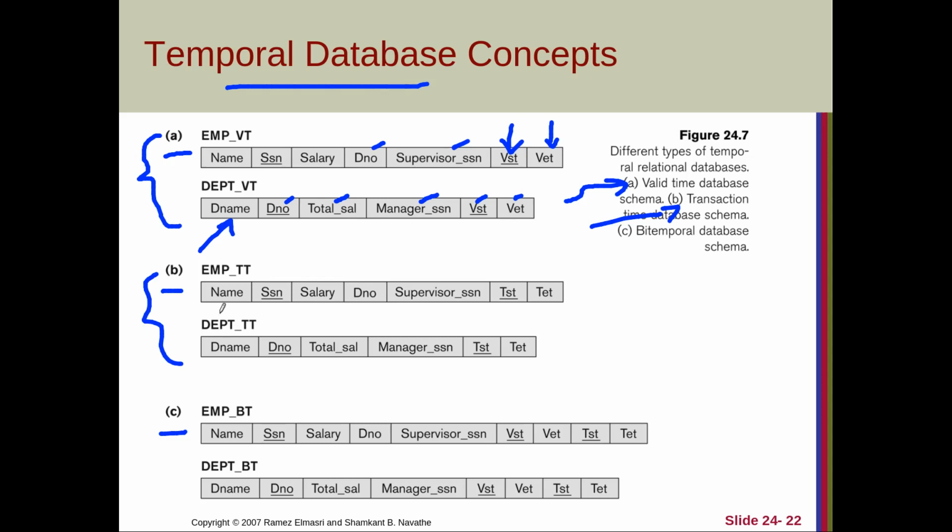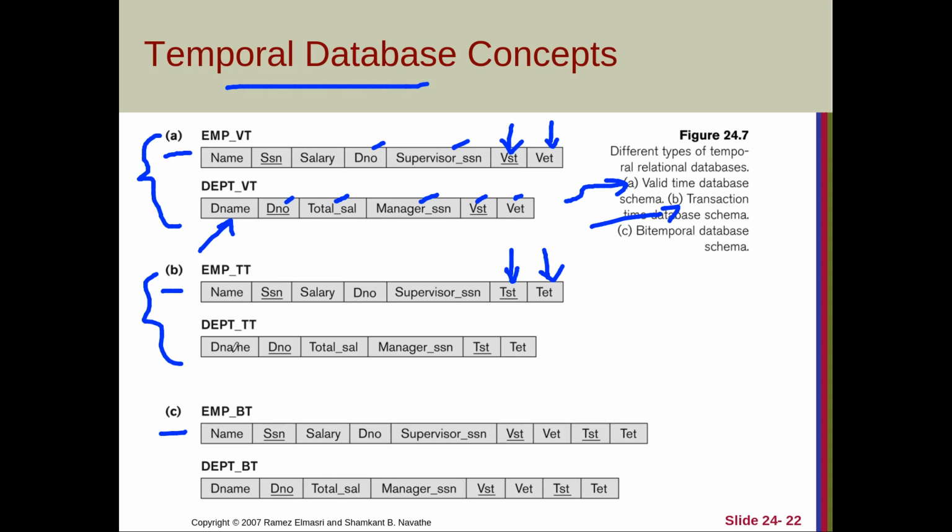So in this concept, towards the end of this relation we are adding two more attributes, which are given the names TST and TET, that is transaction start time and transaction end time. Look into the employee table: name, SSN, salary, department number, supervisor SSN, then transaction start time and transaction end time. The duration.